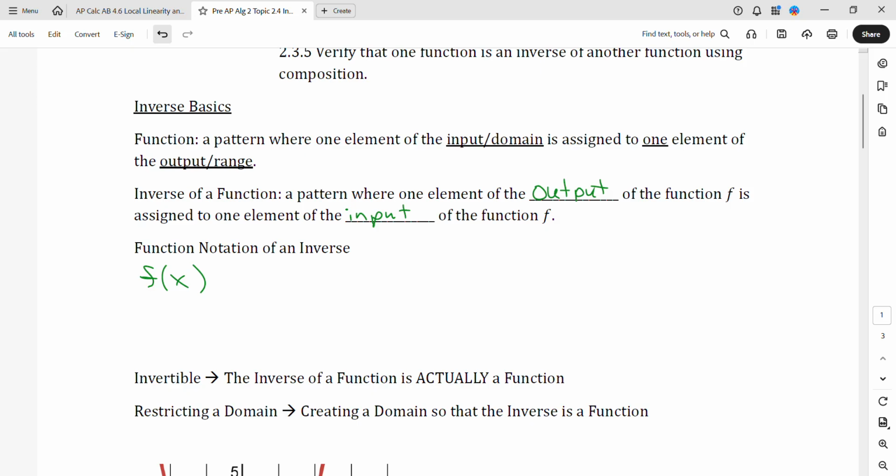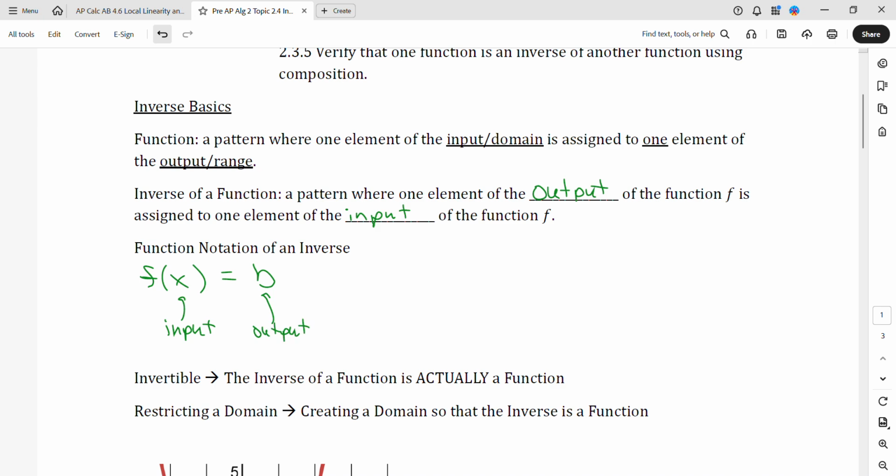And this typically will equal a particular value. We plug the x in and we get something out. So this is the input. This is the output.